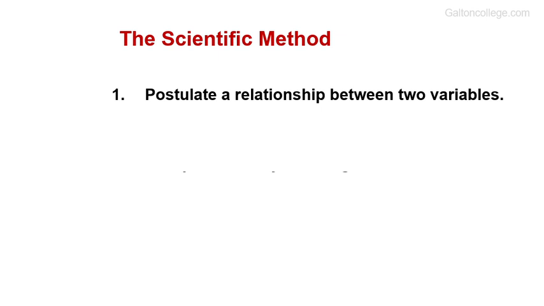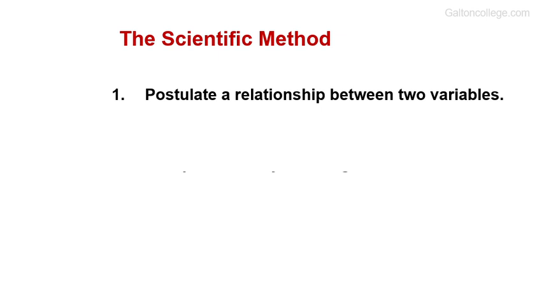So whenever we have a relationship in science or now in economics, something affects something else, we have a relationship. We're postulating a relationship. These two things are connected. The price of petrol and the amount of petrol sold, that's connected. That's what we say.